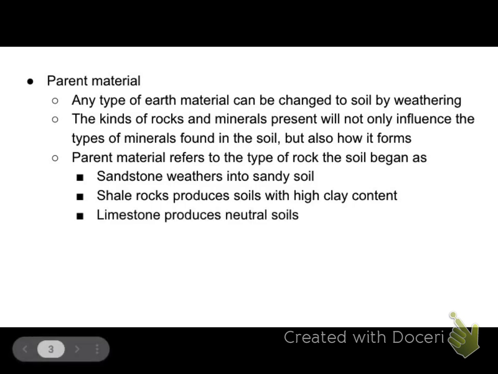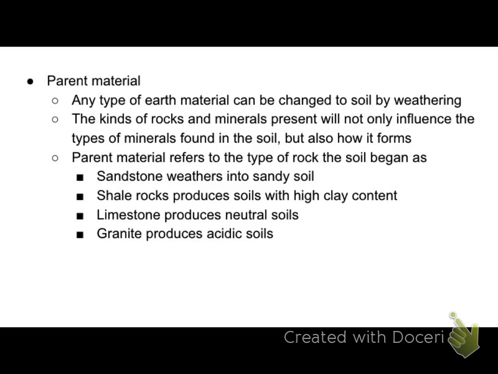In addition to this, the type of mineral that is weathered can also affect the pH of the soil. So if you weather down limestone, you're going to get a soil that's got a very neutral pH, so around 7. Whereas if you wear down granite, you're going to get soil that is slightly acidic, so below 7 on the pH scale.